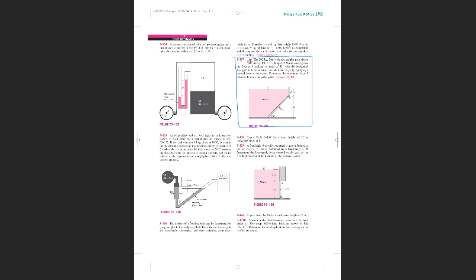See how the solution goes, how he calculated the force, because basically he's looking to determine the minimum force F required to open the gate. This gate is hinged at point B, and he wants to push it to open it. How much force? If this is 3 and this is 0.5.